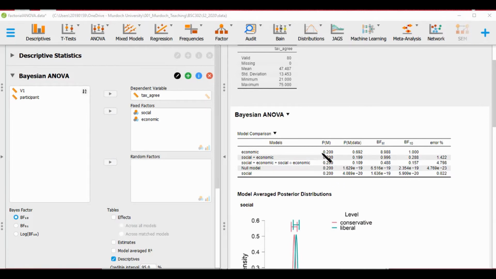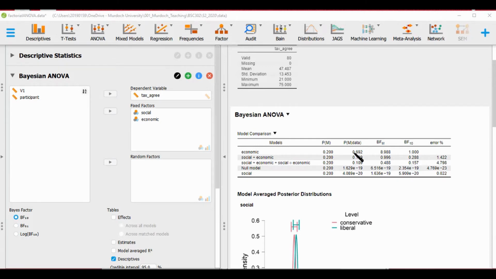So the prior odds is 0.2 divided by 0.8, which is 0.25. That's the prior odds for this model. In fact, it's the same for all the models. It's 0.25.